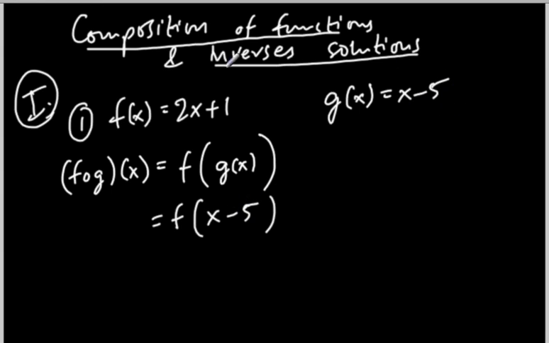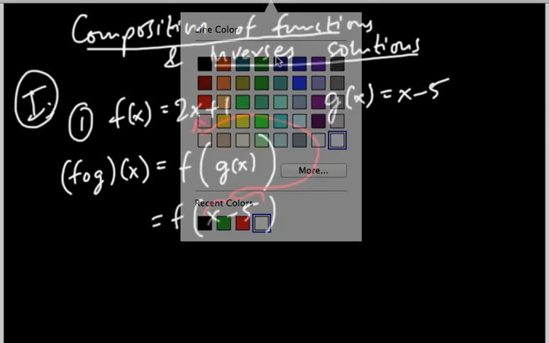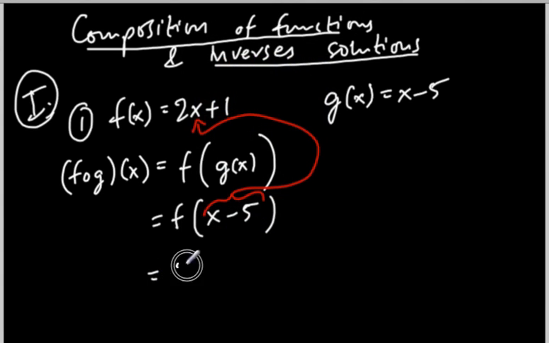Then my argument for f is now x minus 5. So I just plug it in for that x. So it becomes 2, because that's the 2 over there, but instead of x, I write x minus 5, and the plus 1 comes from there.